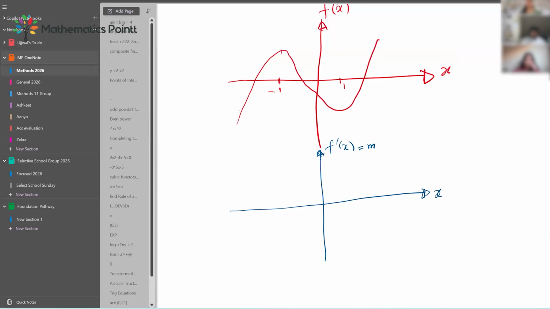So the y-axis now represents the derivative. Whatever are my turning points of my graph, they become the x-intercepts of the derivative graph, -1 and positive 1. They become the x-intercepts.